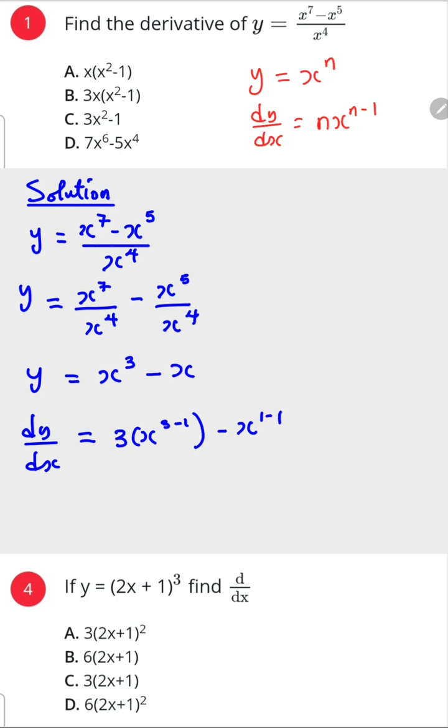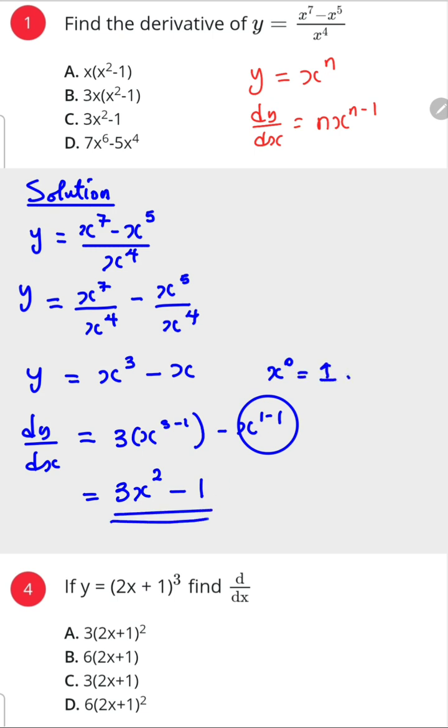Your answer will be 3x squared minus x raised to power 0, and x raised to power 0 is equal to 1. So this is what you're going to get as your answer, and if you check, I think that should be C.